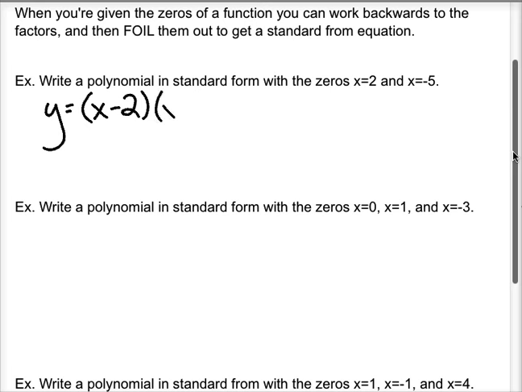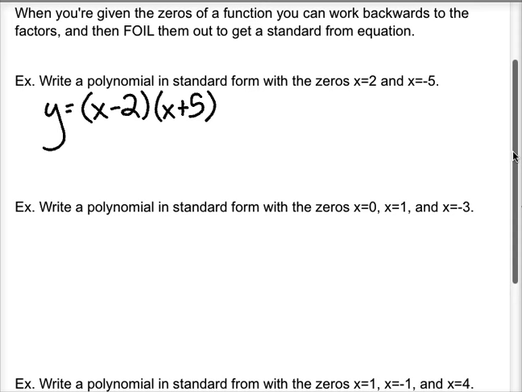A 0 of negative 5 would mean, again, you had an opposite in the factor. You would have had an x plus 5 as the factor that created that. So again, I hope you were picking up on this along the way without me explicitly stating it, but a 0 will always have the opposite sign of its factor.